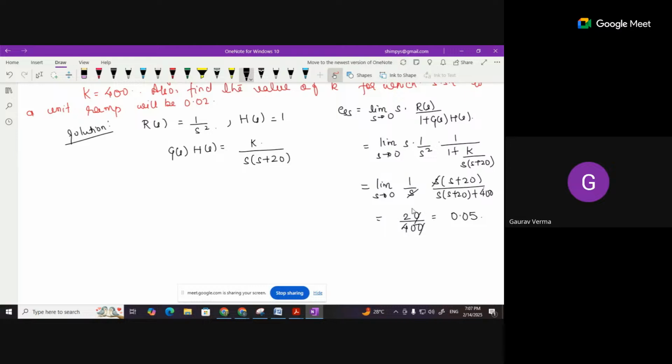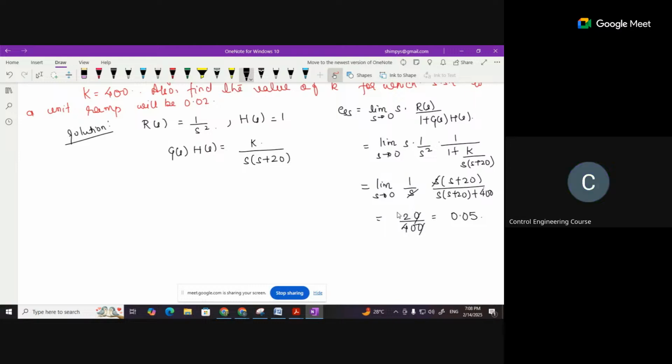So KV will be equal to limit S tends to 0 of S GS. That is KV, and that is correct. We are finding KV, and the error will be 1 divided by KV. I am getting KV as 20. So 1 divided by KV, 1 by 20 is 0.05. Fine.